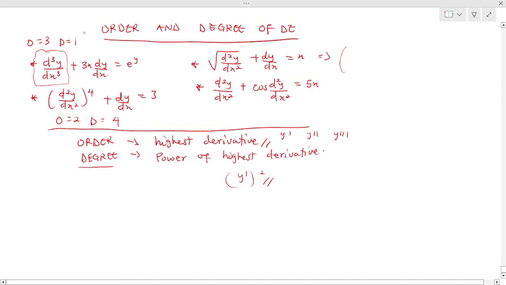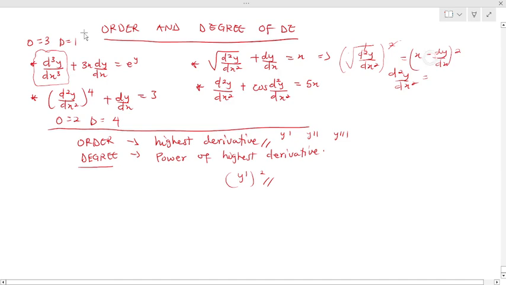I'll have the square root of the expression d squared y over dx squared equal to x minus dy over dx. This will go on the right side, then you square both sides. When you square, this cancels the square root, and you are going to have d squared y over dx squared equal to what you have here.